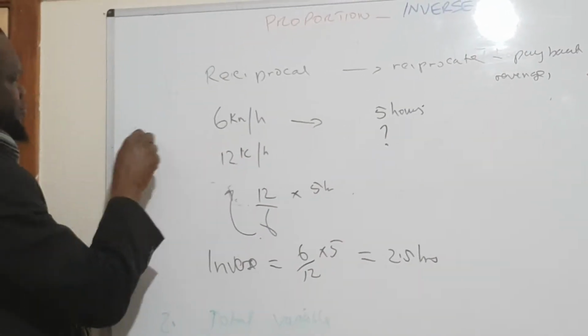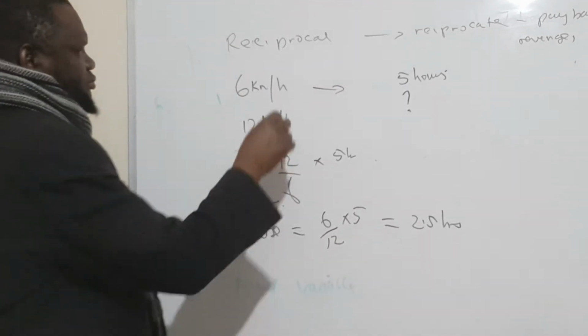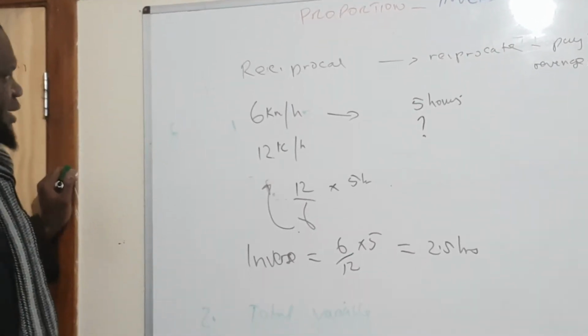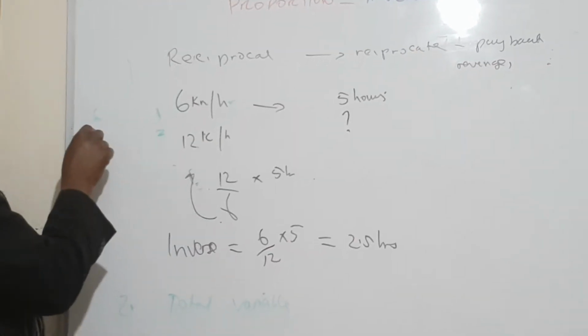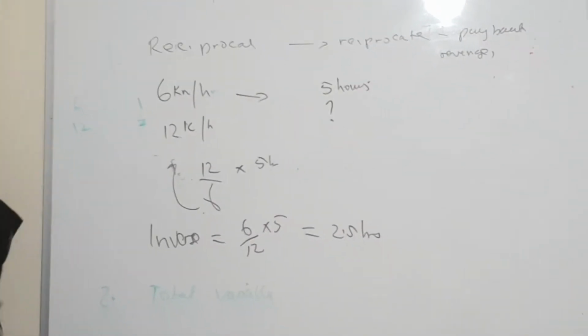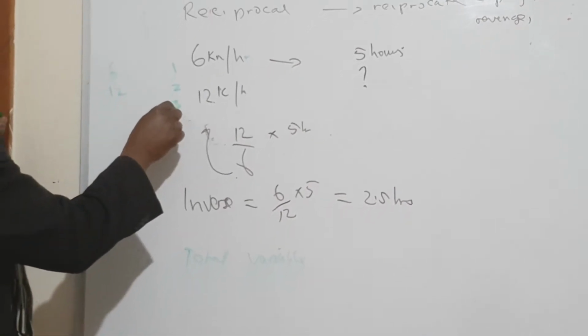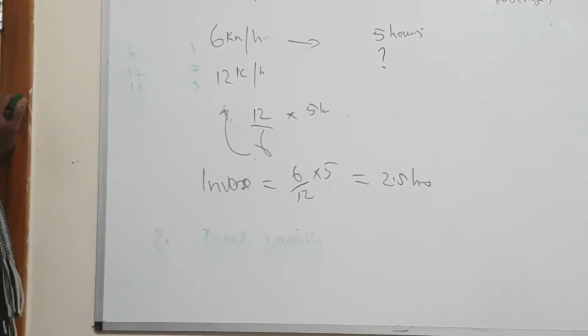That's what it means: 6 kilometers in 1 hour. Please concentrate. 6 kilometers per hour, so therefore 2 hours, you will have traveled 12 kilometers, and 3 hours, you will have traveled 18 kilometers.